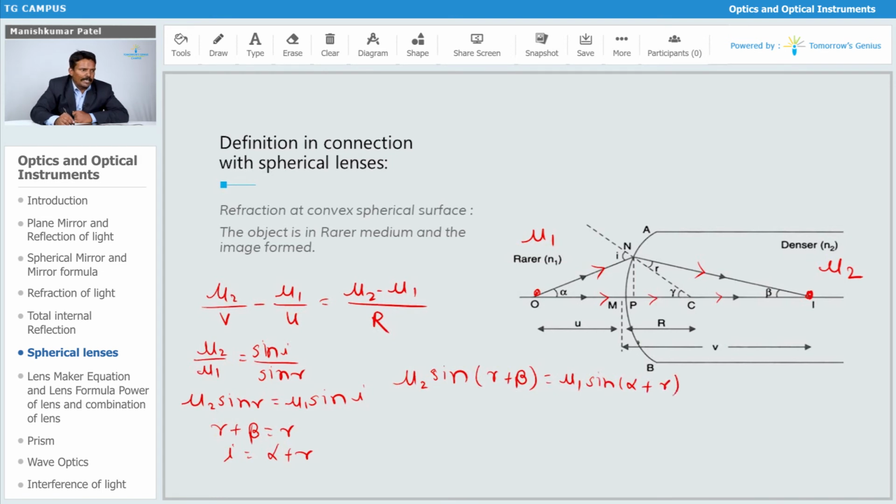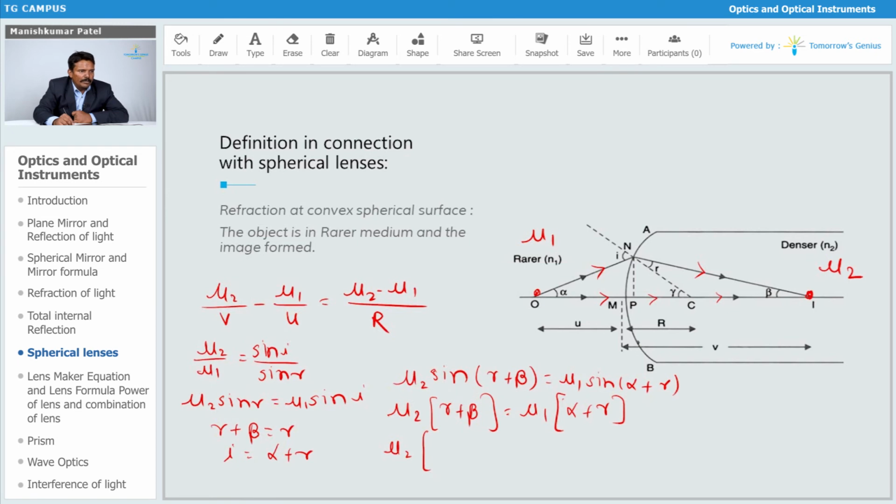So mu2 times gamma plus beta equals mu1 times alpha plus gamma. Further, the value of your gamma we can write exactly in terms of mn.